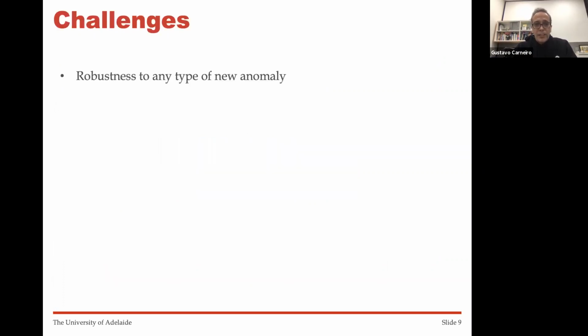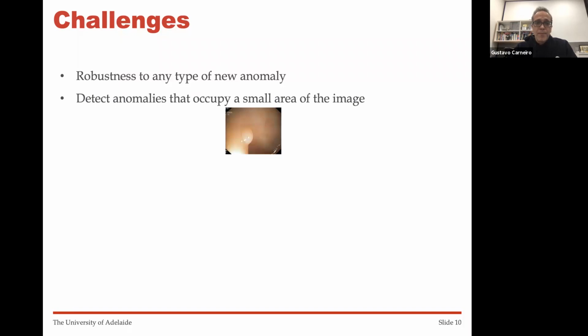Of course, there are challenges. The first one is robustness to any type of new anomaly. In the case that you have a training set containing only normal samples, you obviously have to be robust to any type of anomaly that happens in the test set. That's usually very challenging depending on the type of anomaly you're looking for, or that is presented to you in the test image. It's particularly difficult when the anomaly occupies a very small area of the image.